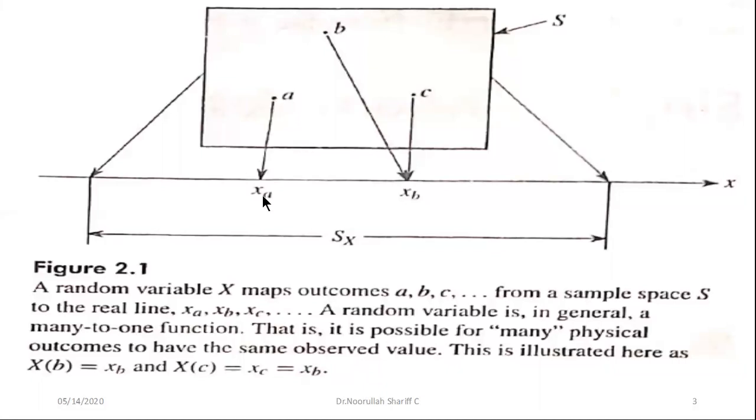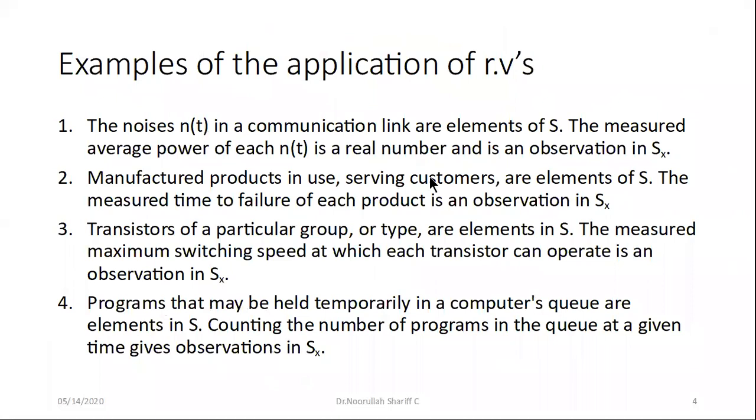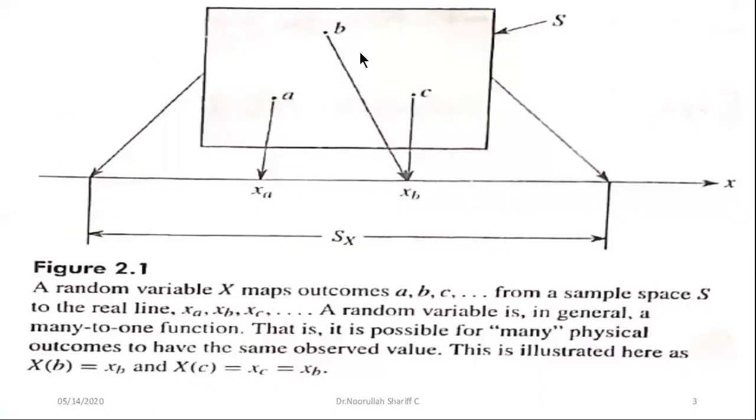So from A we have a mapping to X(a). From C we have a mapping to X(c), or X(b). From B and C both you can have a mapping to X(b). So it can be 1 to 1 or many to 1, but it cannot be 1 to many.